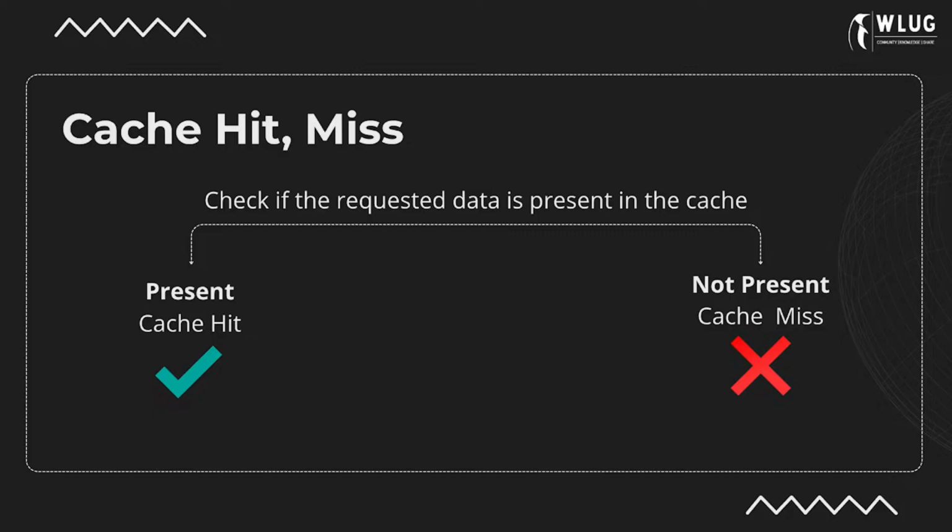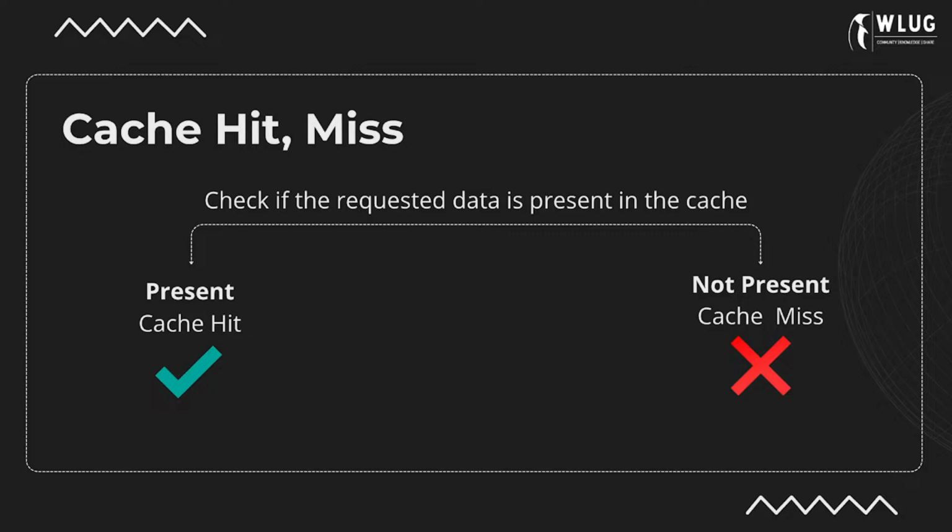Now moving on to our next concept, cache hit and cache miss. When a request is sent by the user to the CDN, the DNS routing system will route it to your nearest and most optimal edge server.